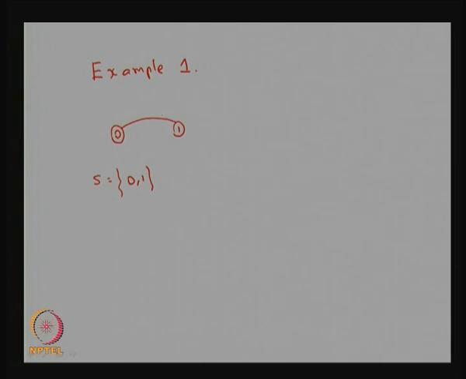The one step transition probability of the system moving from state 0 to 1 is 1, and the system moving from state 1 to 0, that probability is also 1. So, the one step transition probability matrix can be obtained from the state transition diagram, both are one and the same.